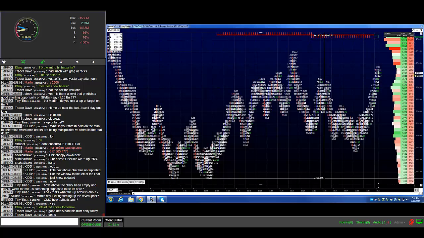This thing reaching for the sky. Three minutes.